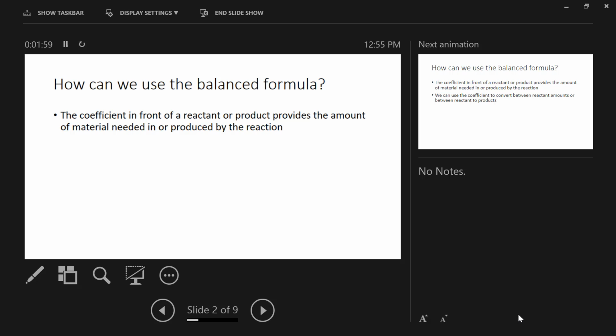And so balancing these reactions tells us everything that we need to know: if we want this reaction to happen, how much reactant do we need, and if this reaction happens, how much product is going to be made. All right? Does it make sense?